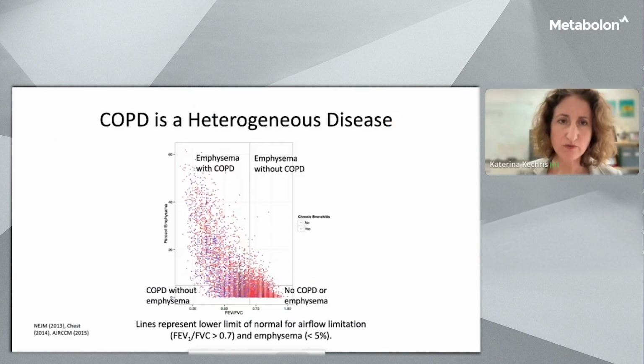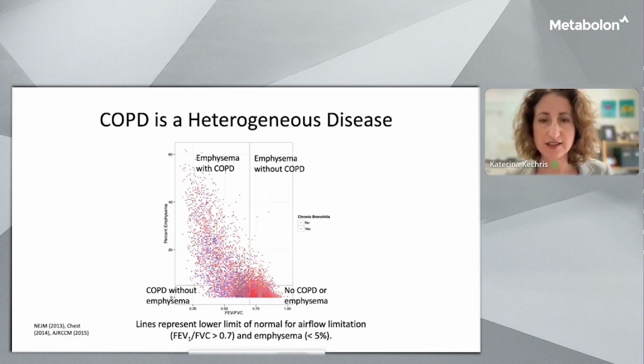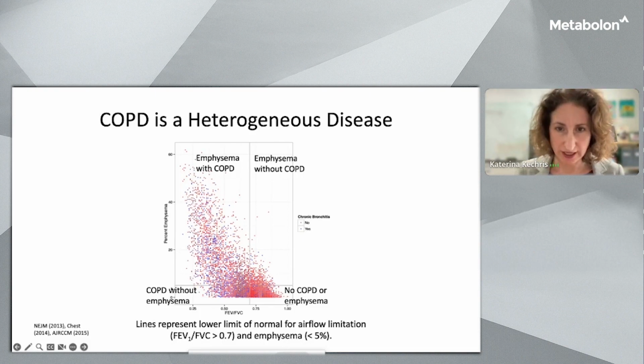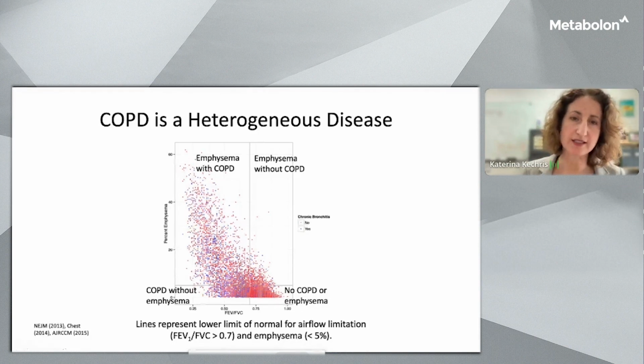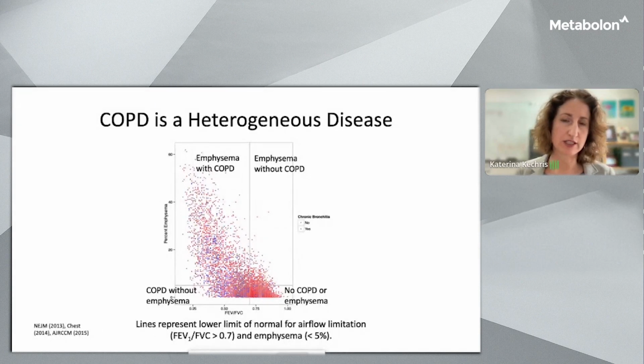So this next slide shows just some data showing the heterogeneity. The x-axis is this spirometry-based airflow obstruction measurement, and a line indicating severe or mild to no COPD with respect to spirometry. The y-axis is percent emphysema. This is based on the CT imaging. And then in color is a clinical question, whether a subject has chronic bronchitis.